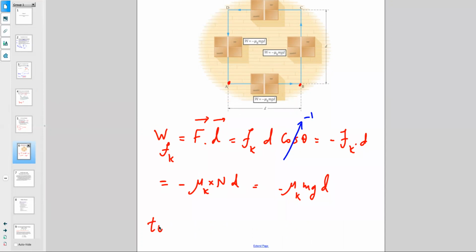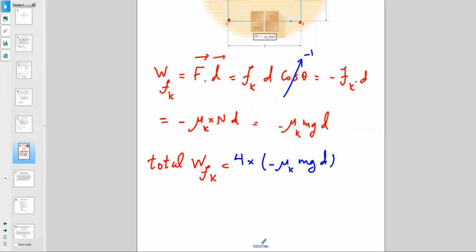So the total work done by friction would be 4 times mu_k mgd, which is the work done from A to B or B to C. But you have to multiply by 4. It is not 0, because it's a non-conservative force.